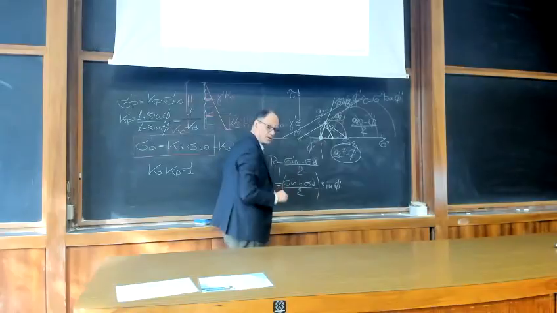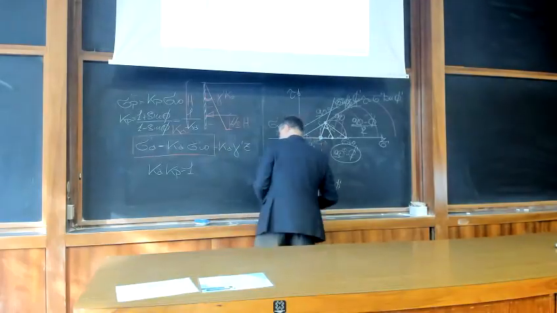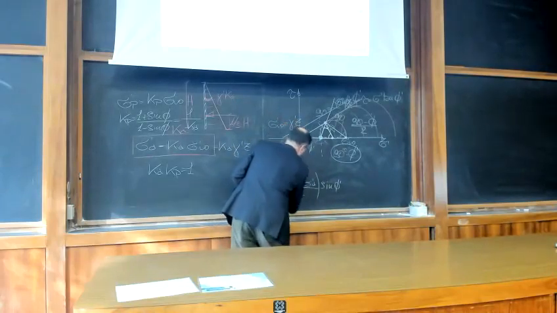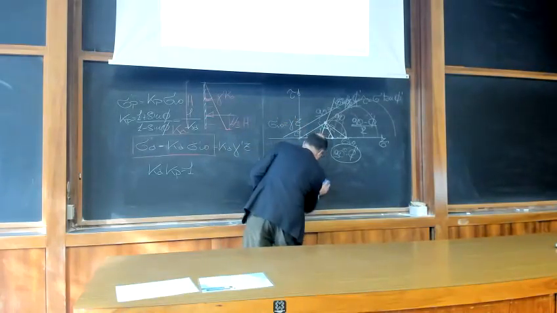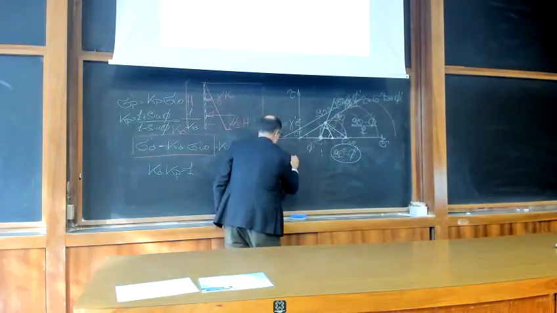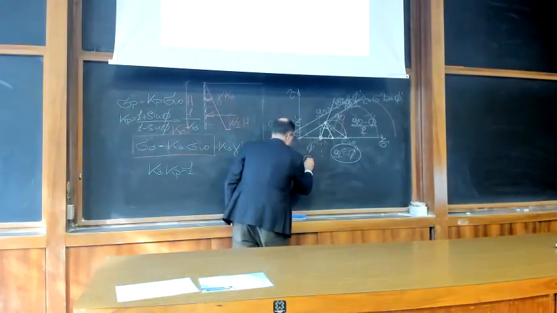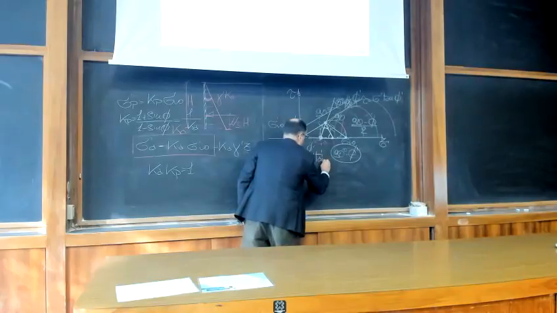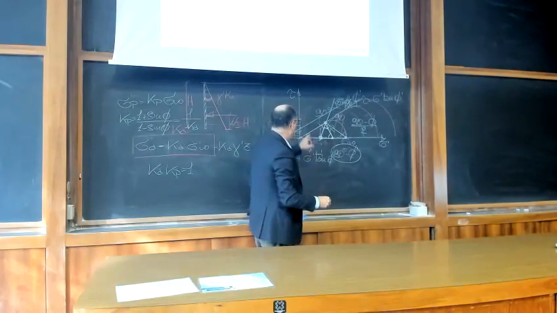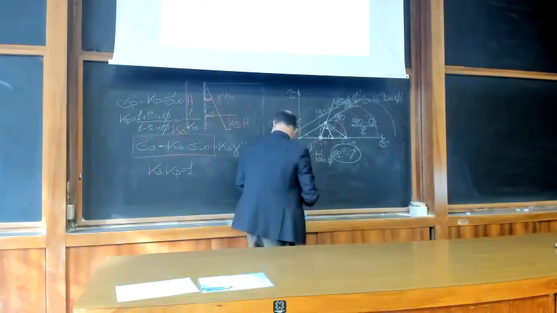So in this situation, the Mohr-Coulomb criterion is tau equals c prime plus sigma prime tangent of phi. Okay, so you might have a circle which is tangent to this line.